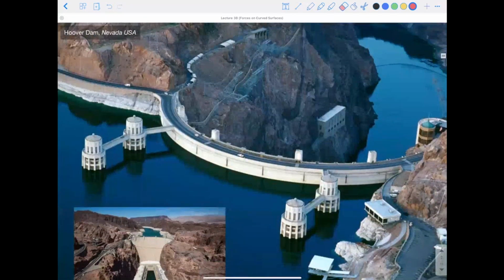Here's also the Hoover Dam. A lot of times dams, especially for larger spans or much larger dams than just maybe a small river dam, are taking advantage of some of the mechanical advantages of using a curved structure.